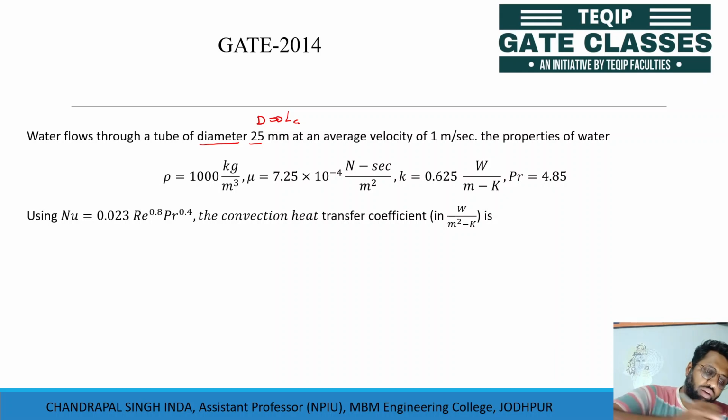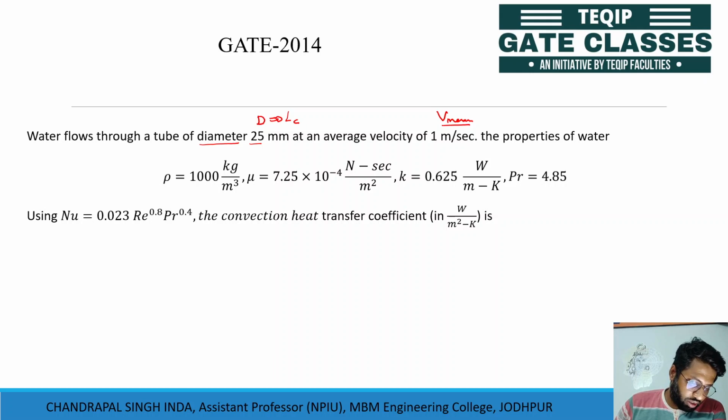So v average is also given, v mean. The properties of the water are 1000 kg per meter cube density, mu is equal to 7.25 times 10 to the power minus 4, that is the dynamic viscosity, and thermal conductivity of the fluid is given, and Prandtl number is given.